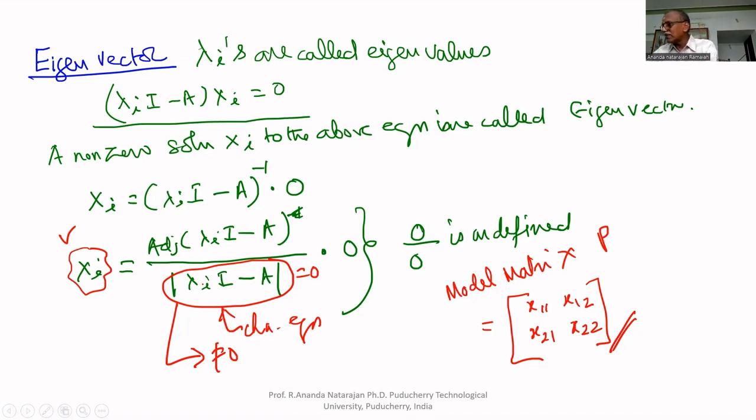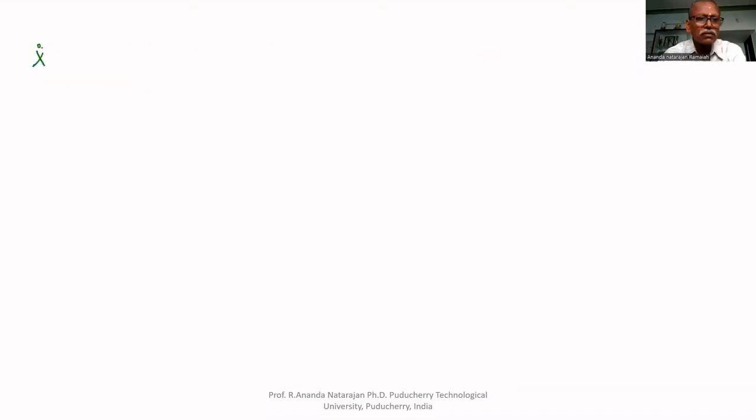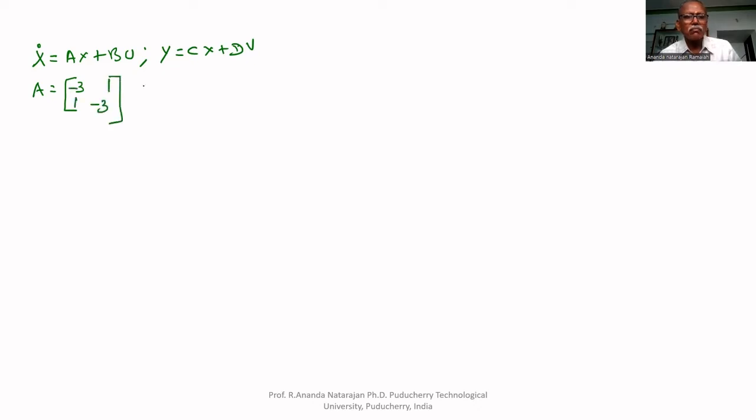Consider the system x dot equal to Ax plus Bu, and the output equation y equal to Cx plus Du, where A equal to minus 3, 1, 1, minus 3, B equal to 1, 0, C equal to 1, 0, D equal to a 0 matrix.